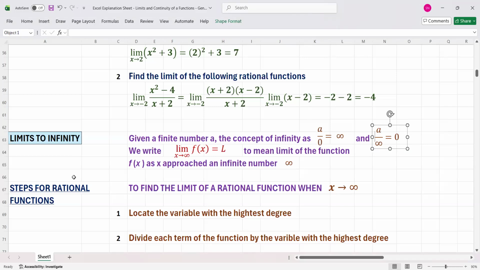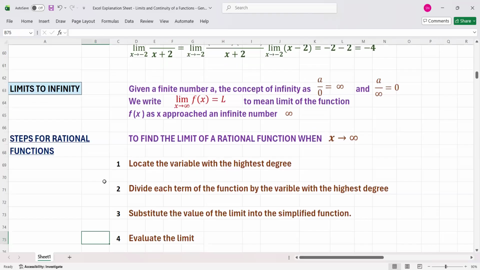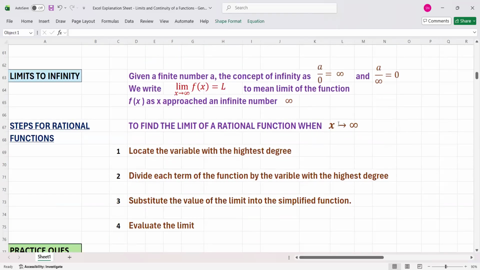Now, these are the steps you need to take if you want to find the limit of a rational function. It is only fractional or rational functions that we sometimes get into situations like this. So to find the limit of a rational function, locate the variable with the highest degree.